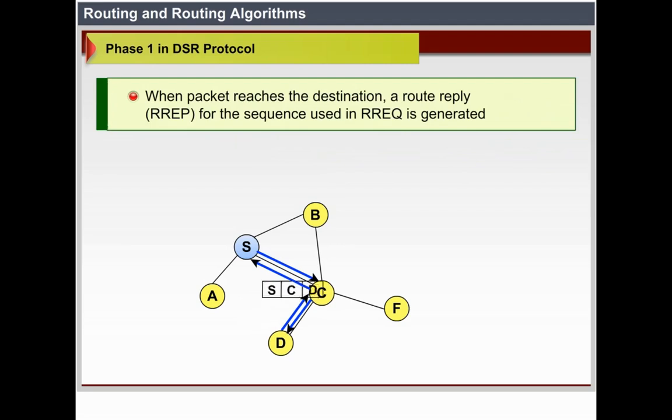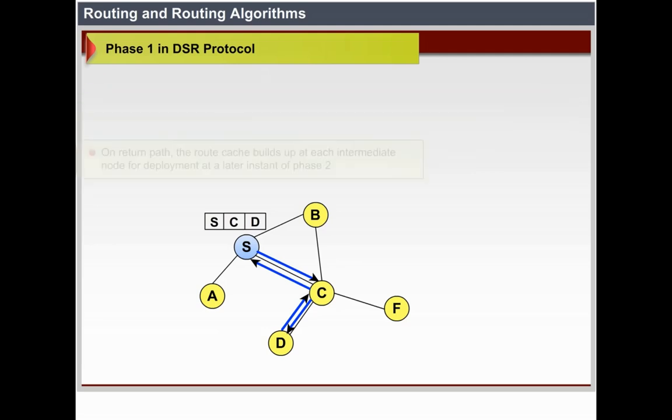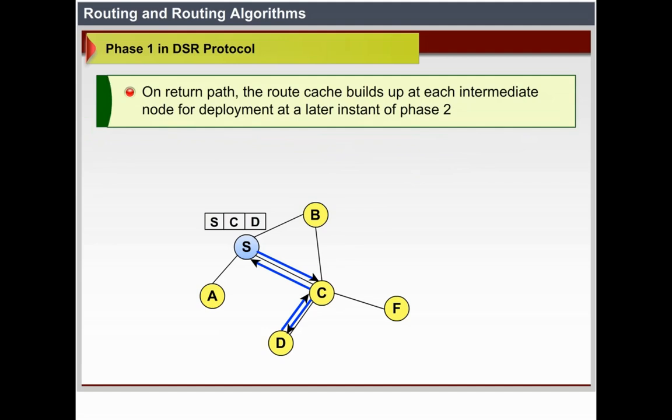When packet reaches the destination, a route reply RREP for the sequence used in RREQ is generated. On return path, the route cache builds up at each intermediate node for deployment at a later instant of phase 2.